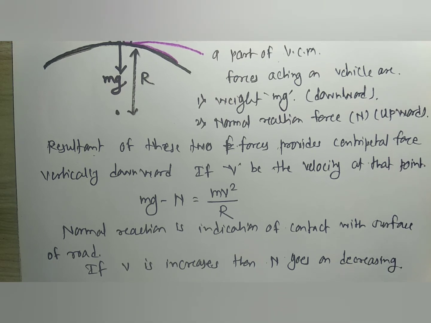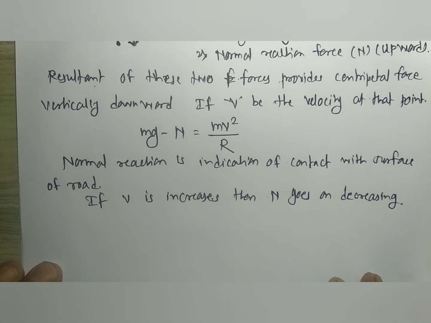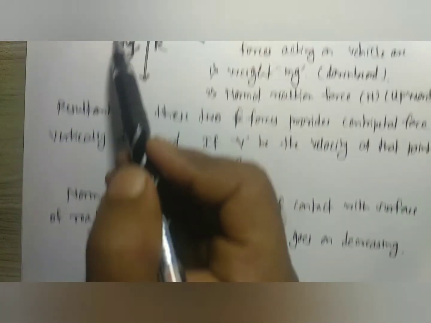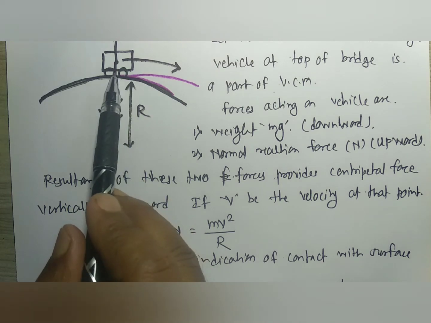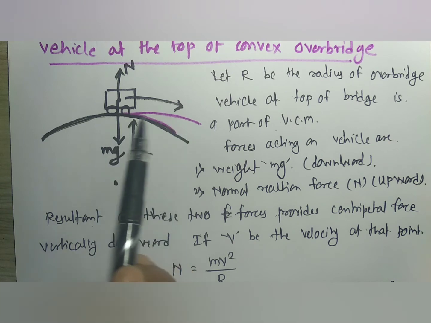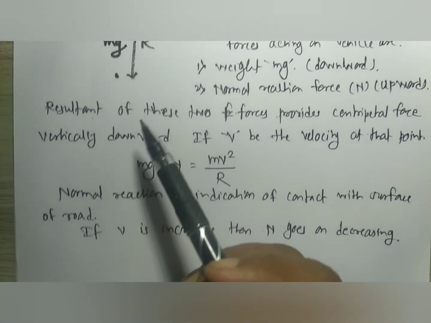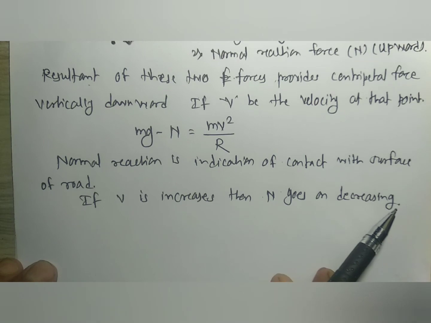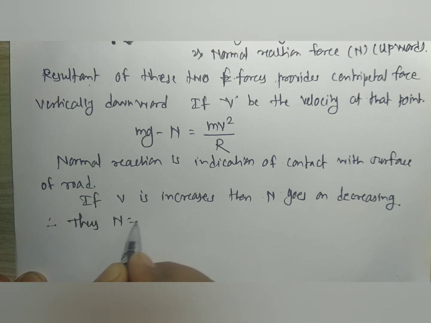What does it mean? At a particular limit, N becomes 0. That means our contact with the road is completely lost, and normal reaction does not work on that vehicle. At that time, normal reaction becomes 0 when we are moving in this way, and your contact with that road is completely lost, and therefore there is some limiting value of speed on the overbridge, and therefore it is given as, thus N is equal to 0.